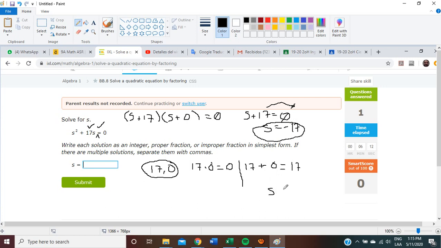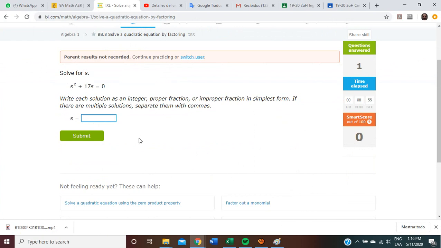The second value, s plus 0 equals 0, so this 0 goes to the other side, s equals 0. So here are the two values: negative 17 and 0. Don't forget to write the negative, and 0.